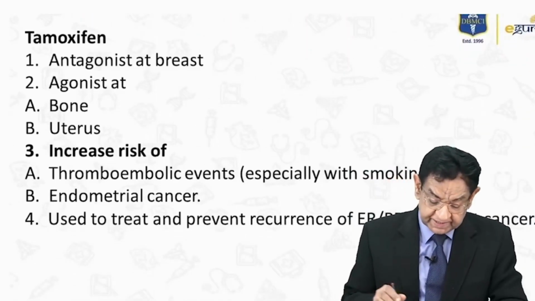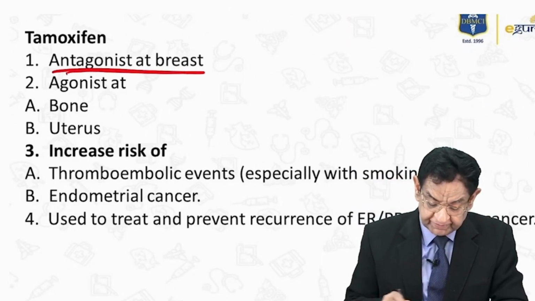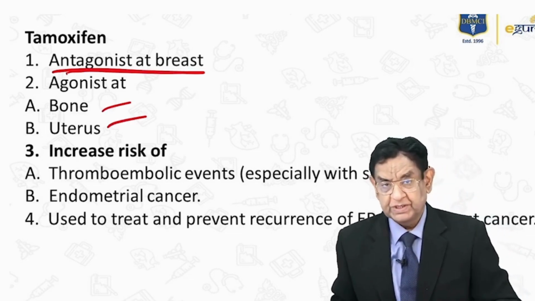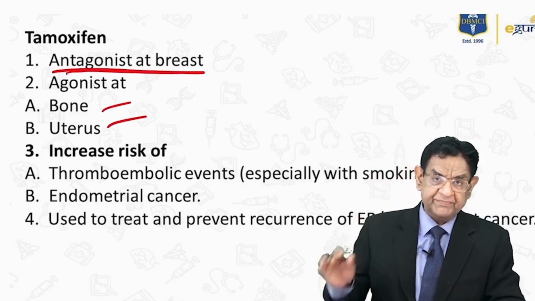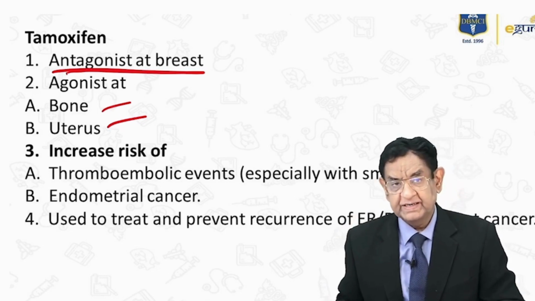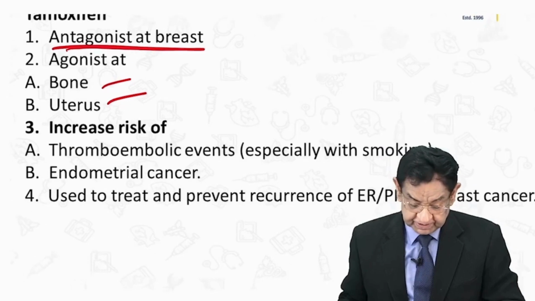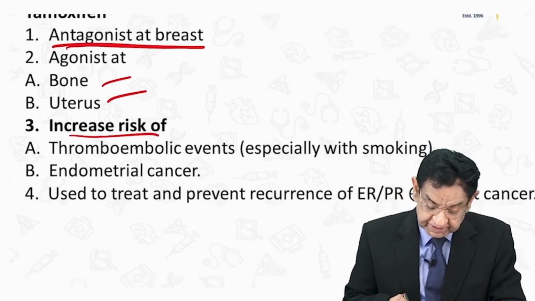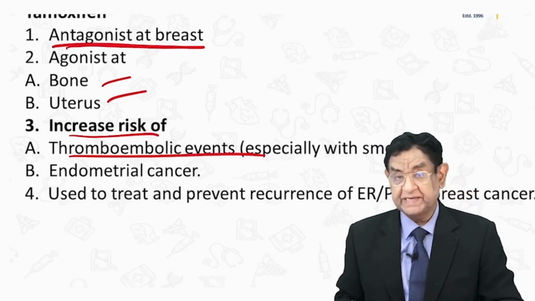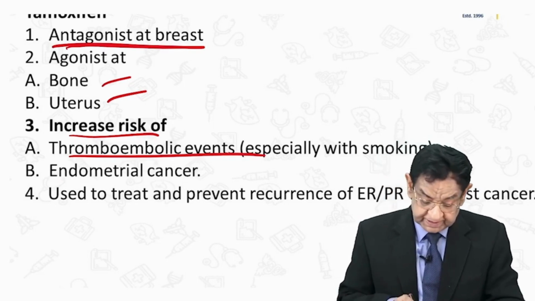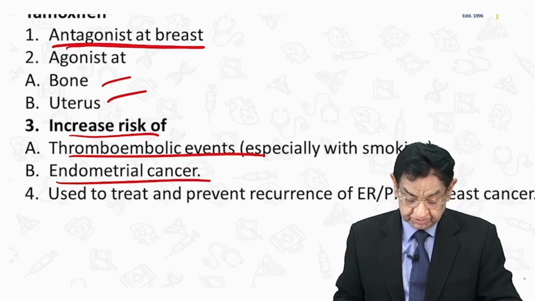Tamoxifen is an antagonist at the breast, a very, very important point, but an agonist at bone and uterus. That means at different sites it has different actions. There is an increased risk of thromboembolic events, especially in smokers. It can induce endometrial cancer also.